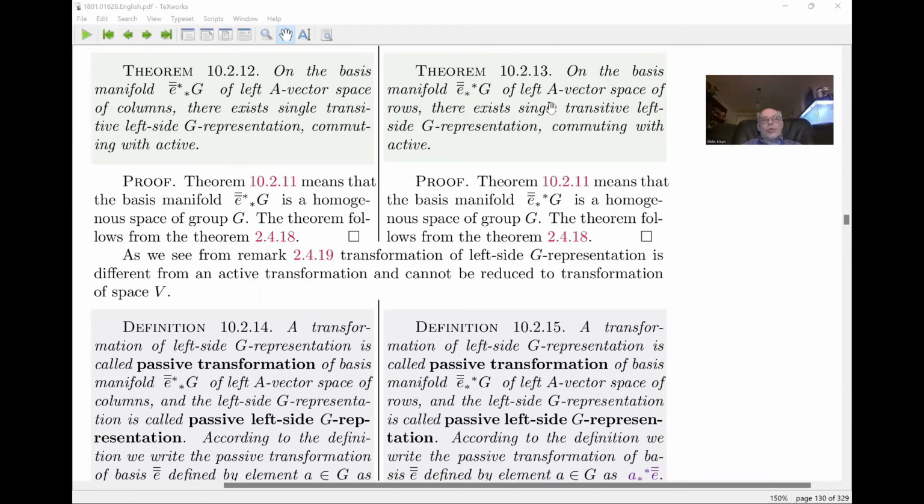On the basis manifold E CR G of left A vector space of columns, there exists a single transitive left-side G representation commuting with active. Similarly, on the basis manifold E RC G of left A vector space of rows, there exists a single transitive left-side G representation commuting with active.